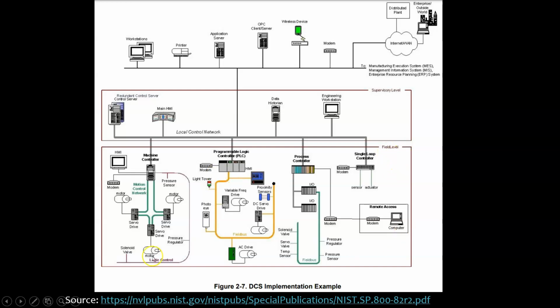So in the field level or the bottom level of the industrial control network, you have the PLCs and the actual physical valves or sensors or actuators. And there is a level for monitoring or supervising, which is called the supervisory level.